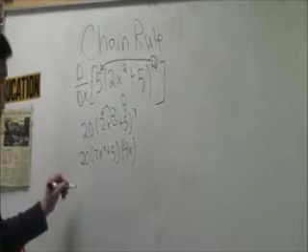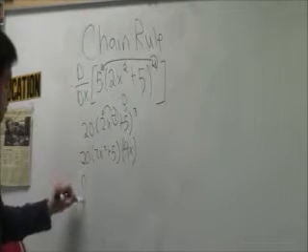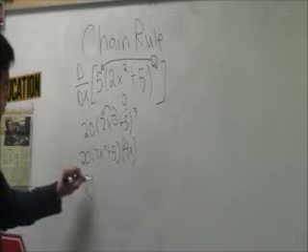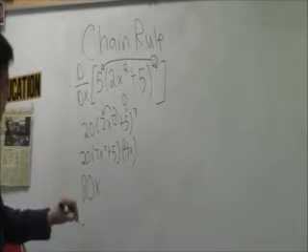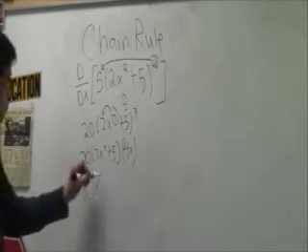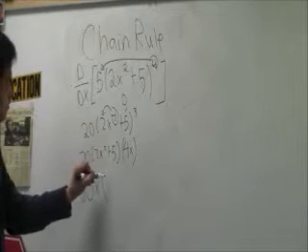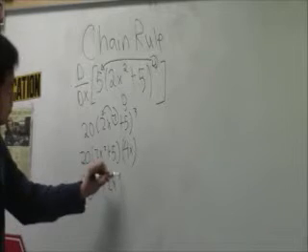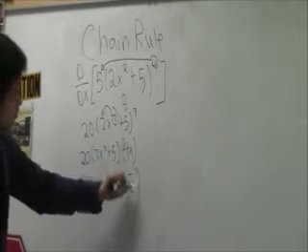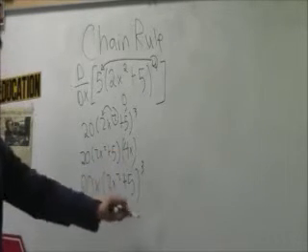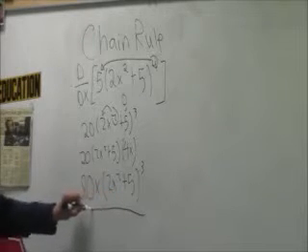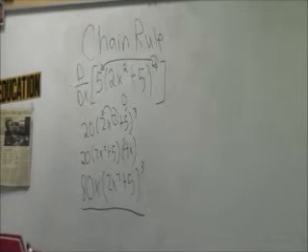And then from there, you simplify the outside of the function. So you would multiply your 20 by your 4x, equaling 80x, multiplied by your 2x squared plus 5 to the third. And that would be your final answer.